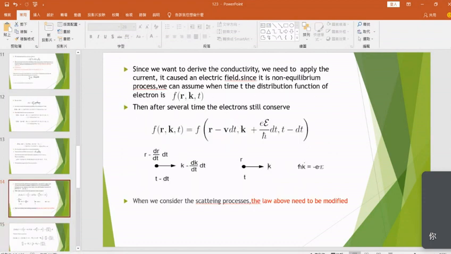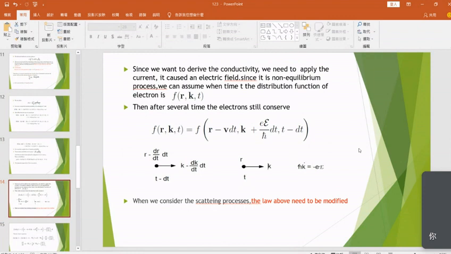And since we want to derive the conductivity, we need to apply the current, and it causes the electric field. Since this is a non-equilibrium process, we need to consider the distribution function at time t, and at equilibrium, it reduces to a Fermi distribution. After some time the electron number is still conserved, so the distribution function can be written with this conservation condition.